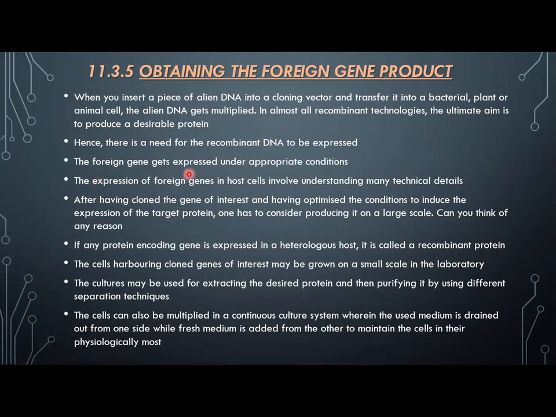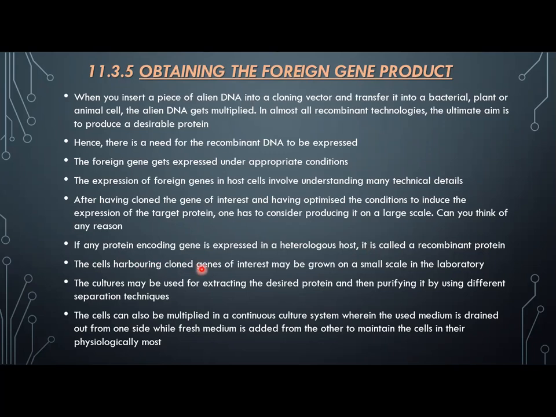The expression of foreign genes in host cells involves understanding many technical details. After having cloned the gene of interest and having optimized the conditions to induce the expression of the target protein, one has to consider producing it on a large scale. Can you think of any reason why, if any protein-encoding gene is expressed in a heterologous host, it is called a recombinant protein?